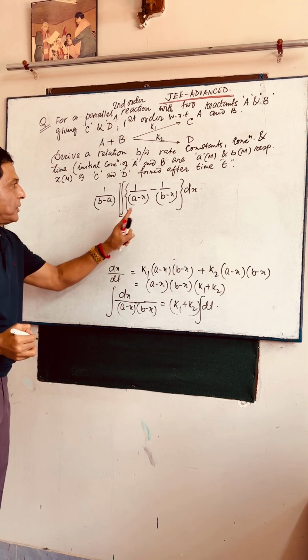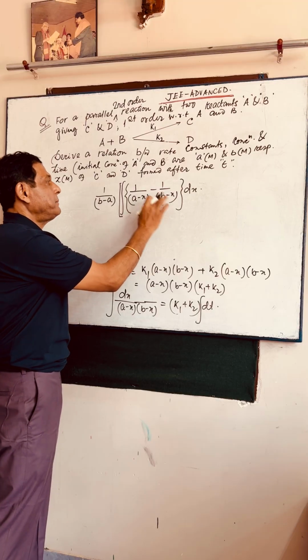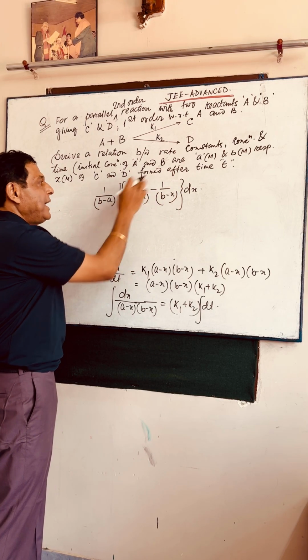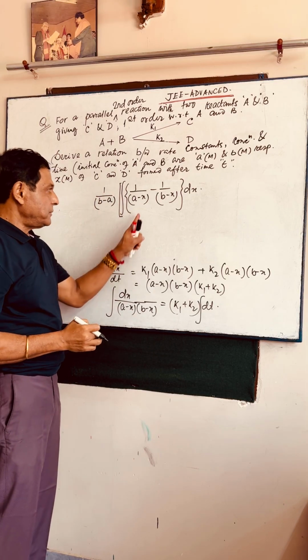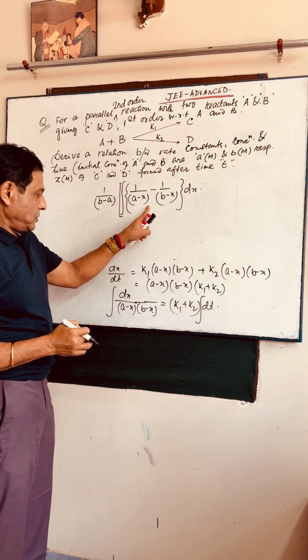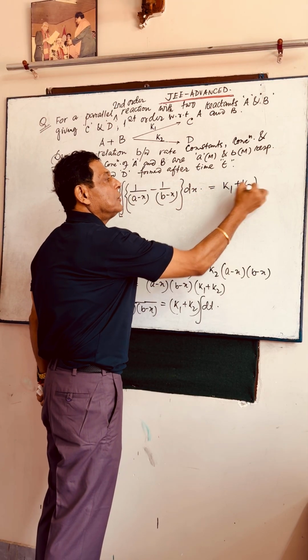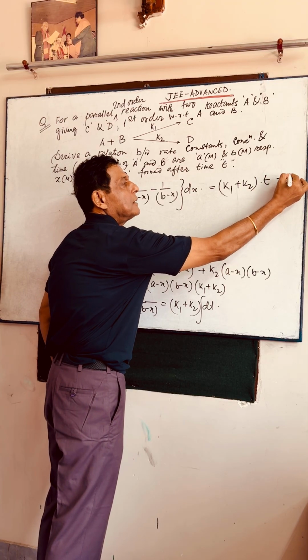Because if we take the LCM, (a minus X)(b minus X) will be the LCM, and b minus X minus a plus X cancel, it will become b minus a, and b minus a cancel. So ultimately this can be written in partial fraction form. This is equal to (K1 plus K2) constant, integration of dt means t, plus integration constant I.